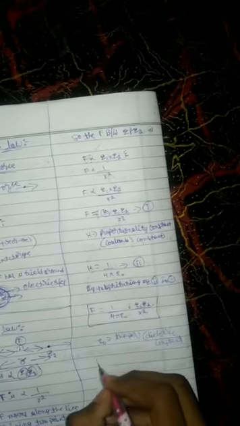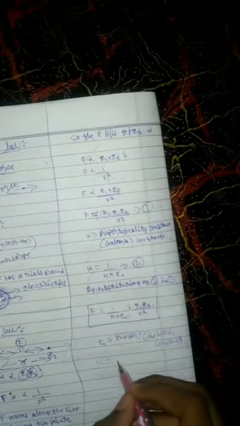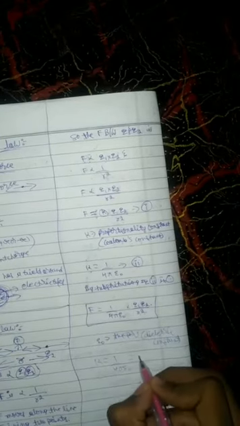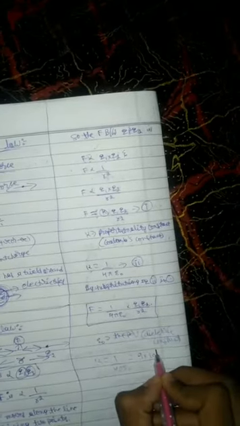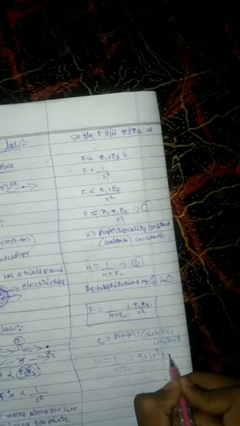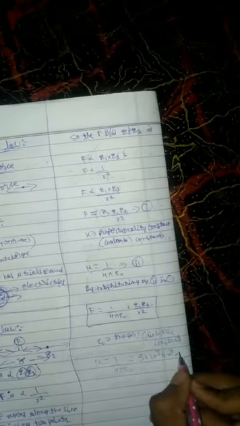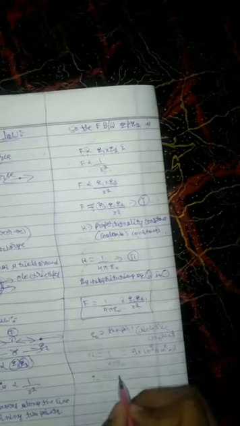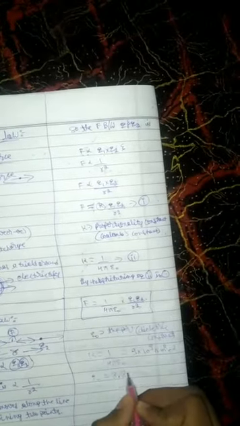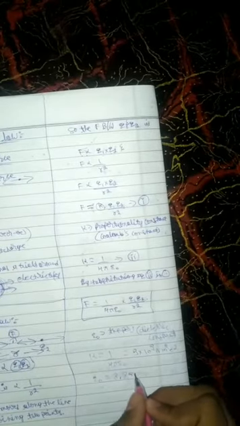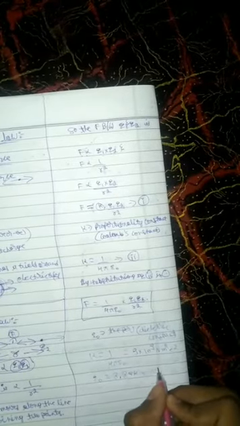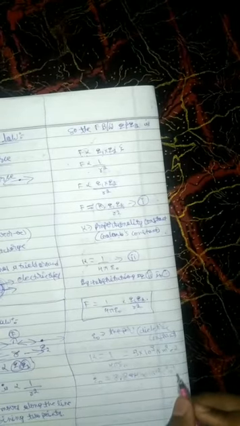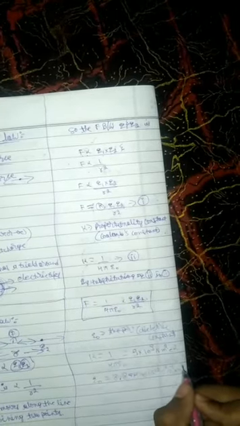Here the value of K, 1 by 4 pi epsilon naught, is equal to 9 into 10 power 9 Newton meter square per Coulomb square, and the epsilon naught value is 8.854 into 10 power minus 12 Coulomb square per Newton per meter square.